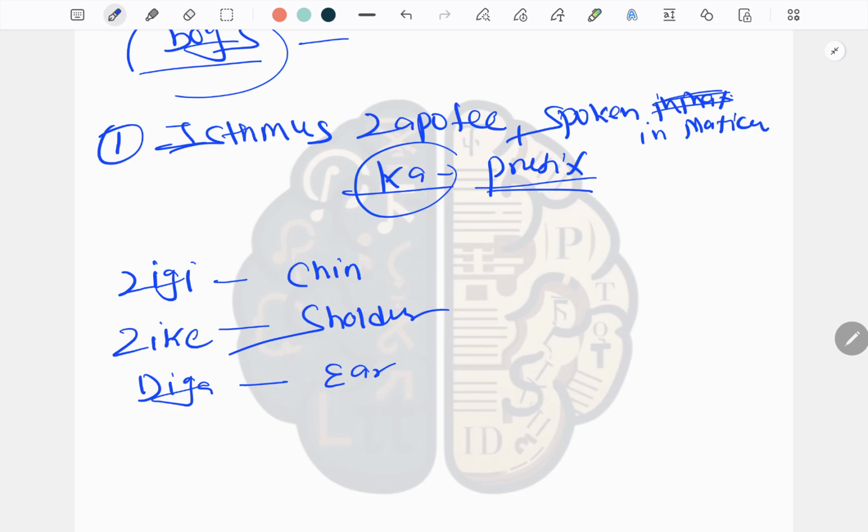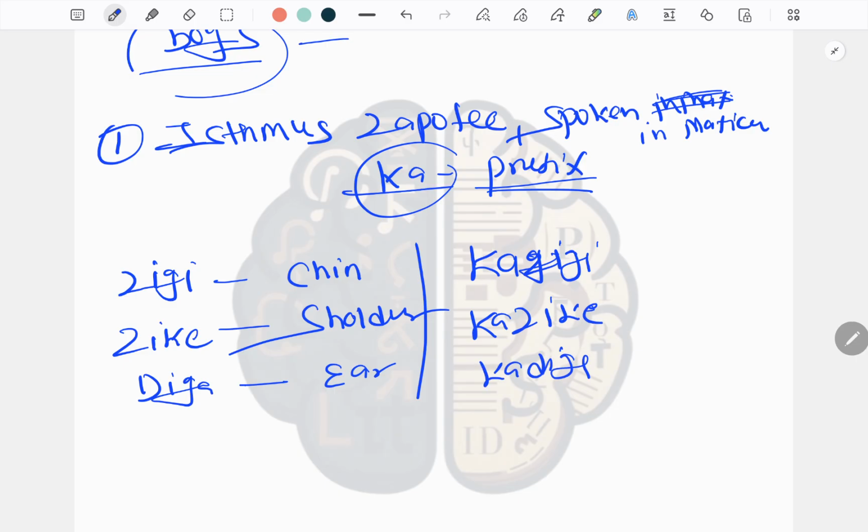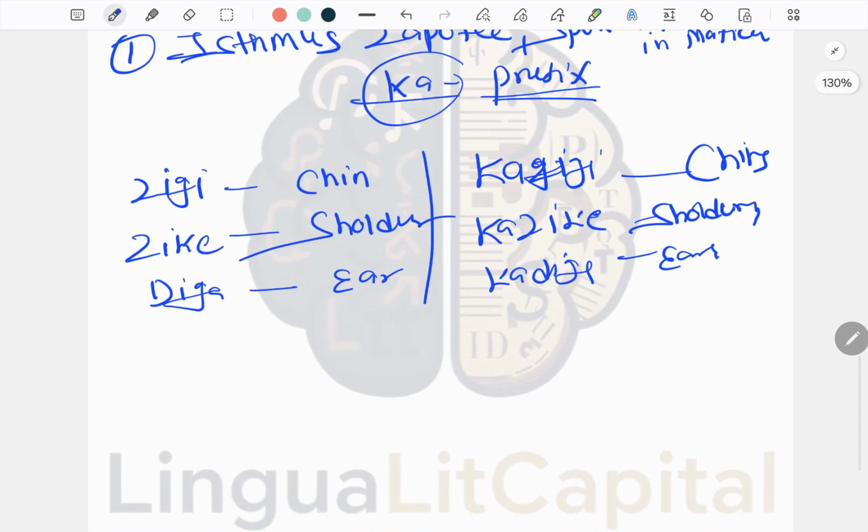So we add ka: kajigi, kajaik, and kadiga, which mean chins, shoulders, and ears.